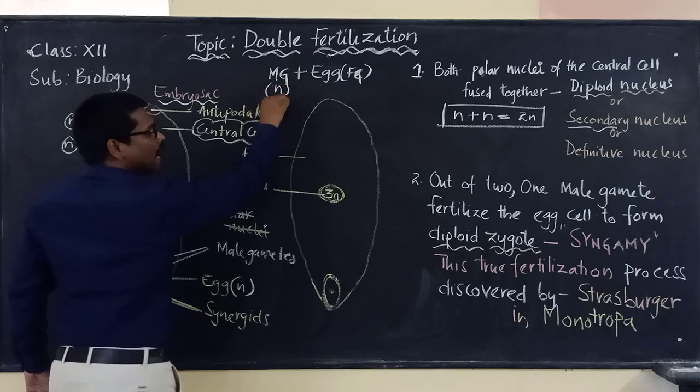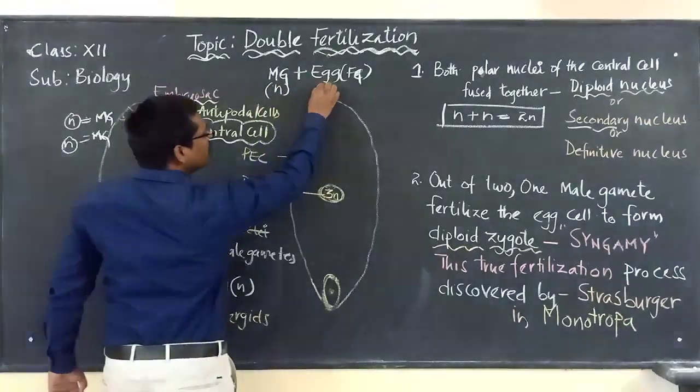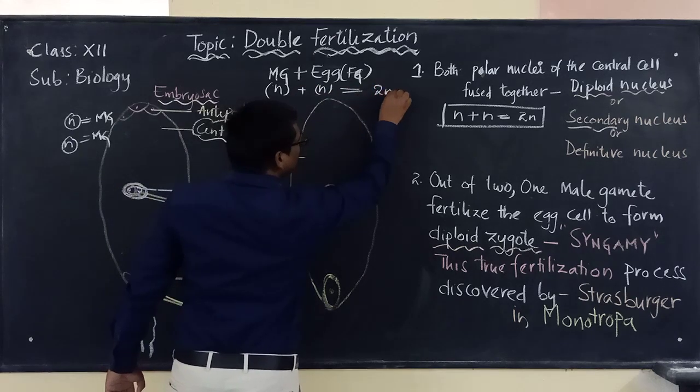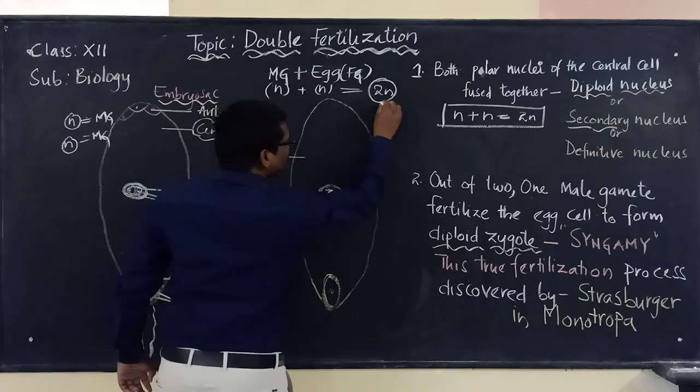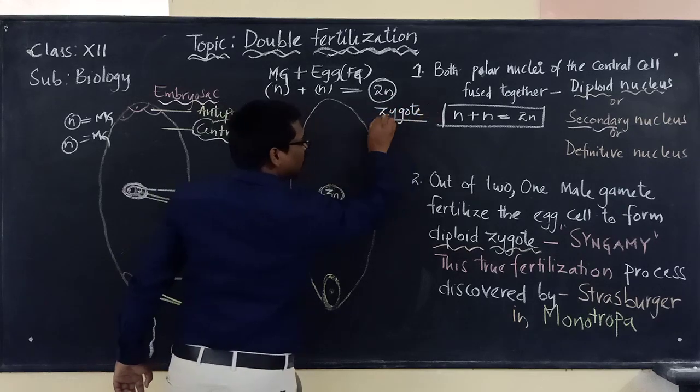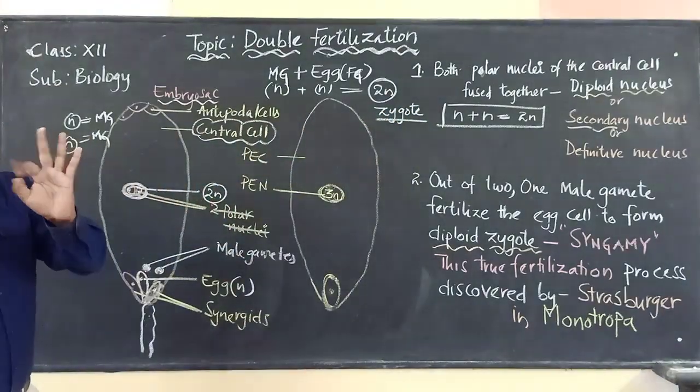Male gamete is haploid, female gamete is haploid. These two join together, forming a diploid cell, which we call the zygote.